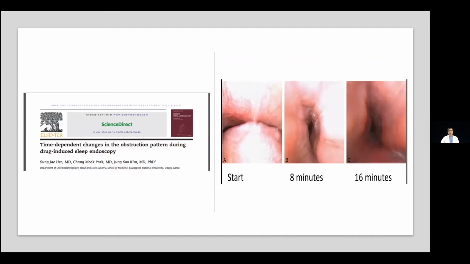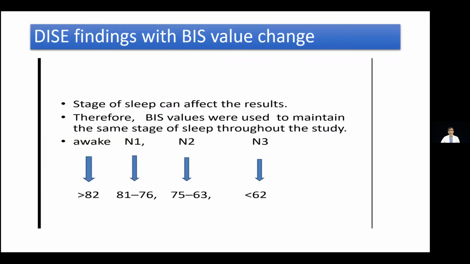So unless you go through the entire time, you will not be able to understand the behavior of the upper airway. It's also important that you quantify your depth of sedation by using either target controlled infusion or BIS. BIS is very easily available, which helps you understand the depth of sedation.